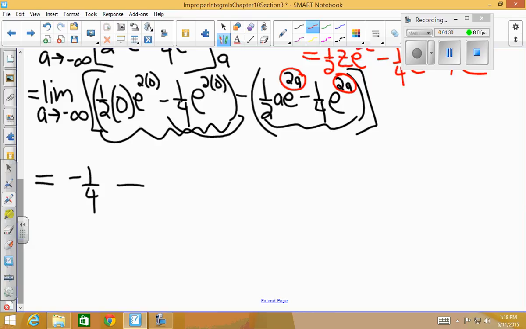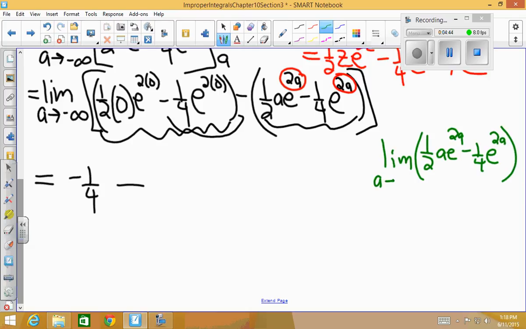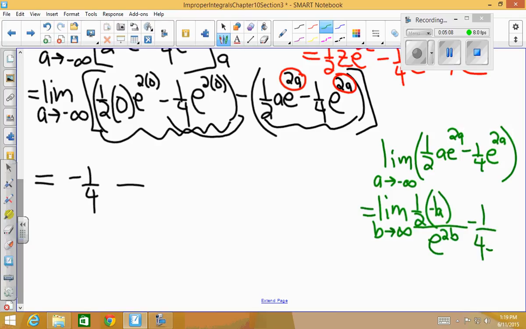So really, we could go over on the side and say that the limit of 1/2 a e to the 2a minus 1/4 e to the 2a as a goes to negative infinity is equal to the limit as b goes to positive infinity of 1/2 negative b divided by e to the 2b minus 1 over 4 e to the 2b.